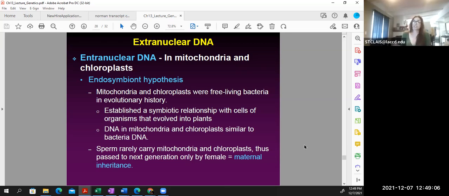Now, it's true that the DNA sequences of the mitochondria and the chloroplasts are similar to bacteria, so there is some evidence to support this. Another thing that's interesting here is that the mitochondrial and the chloroplast genomes follow maternal inheritance. So a plant trait that is related to this would be the seed coat. The seed coat is maternal and it's going to be passed along maternal lines.